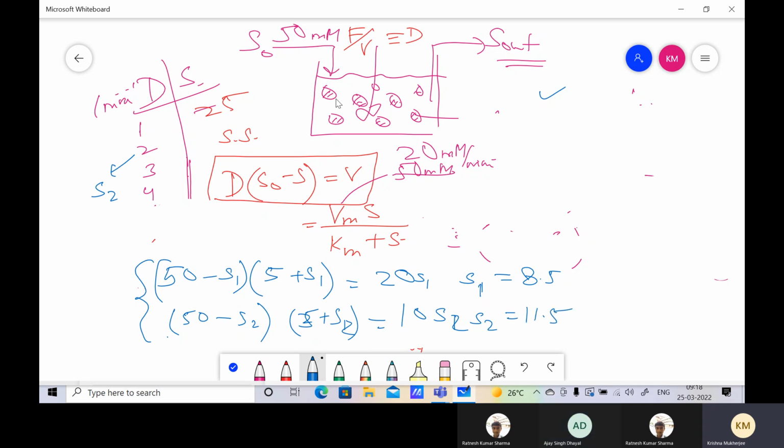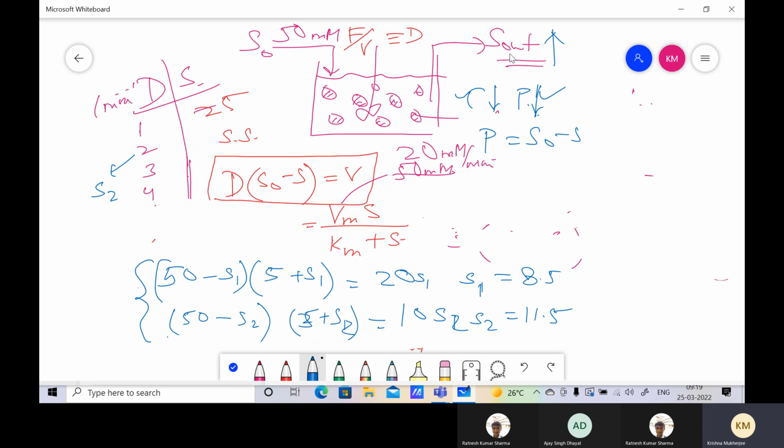So do you realize that as you increase the dilution rate, your S out will go up, not down. The reason for that is obvious. As you're increasing the dilution rate, your residence time is declining, right? The time that you are providing is declining, and if you're providing less time, then the product formed, P, will decline, and P is nothing but S naught minus S. So if the product formed declines, then S increases.